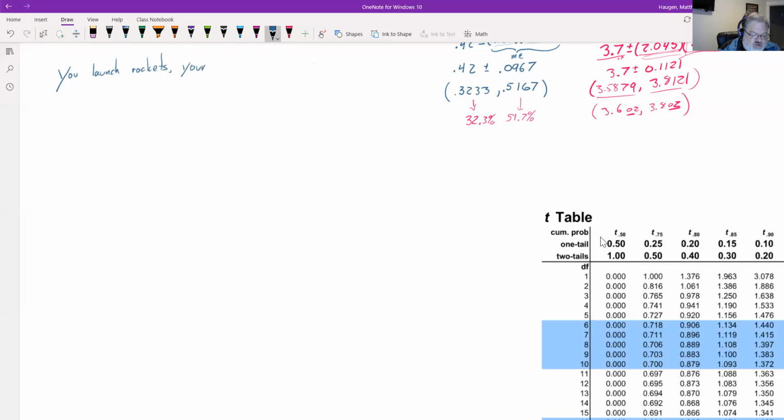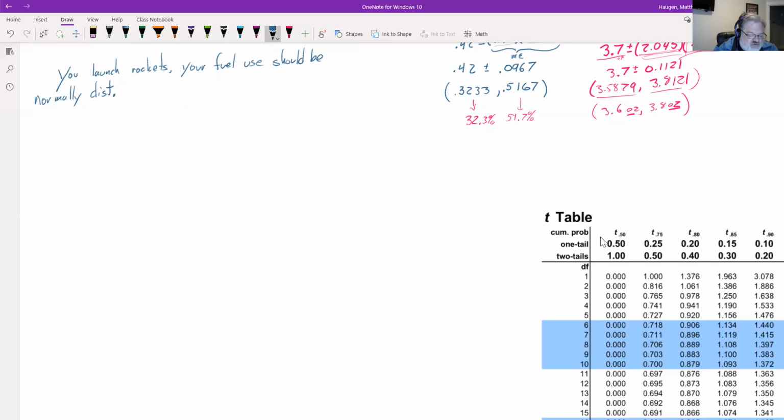Your fuel use should be normally distributed. So you haven't launched these rockets before, but from all your rocket launching experience, which I'm assuming you have a fair amount of, you know that the distribution of how much fuel you use for your launch is usually normally distributed. So we get to assume our population of rocket launch fuel usage is normally distributed.